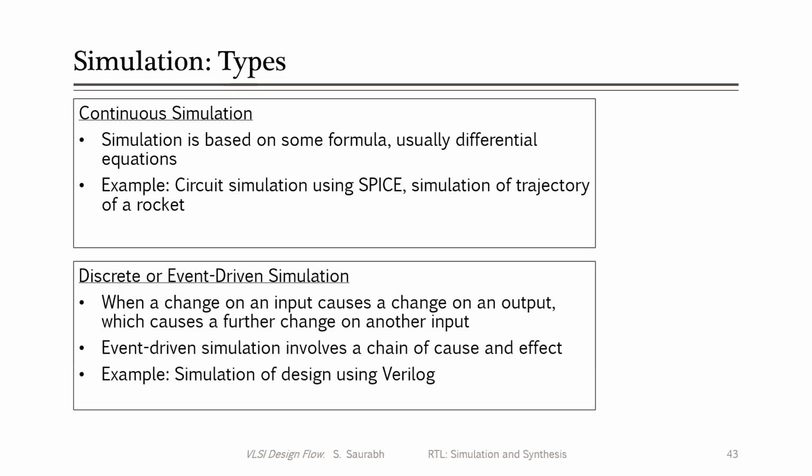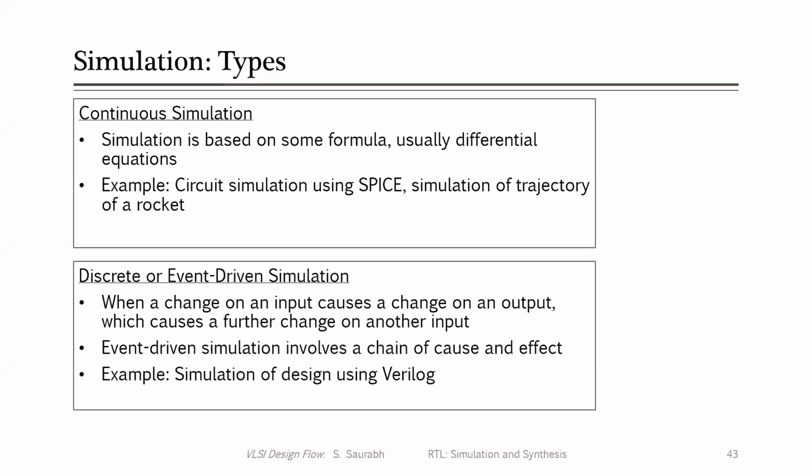But in digital circuits, the simulation we do is a discrete or event driven simulation. In event driven simulation, when a signal on an input changes, it changes the output, and the output further changes the input and so on.